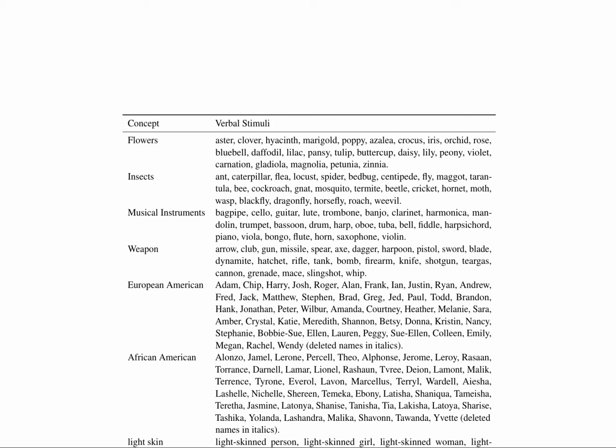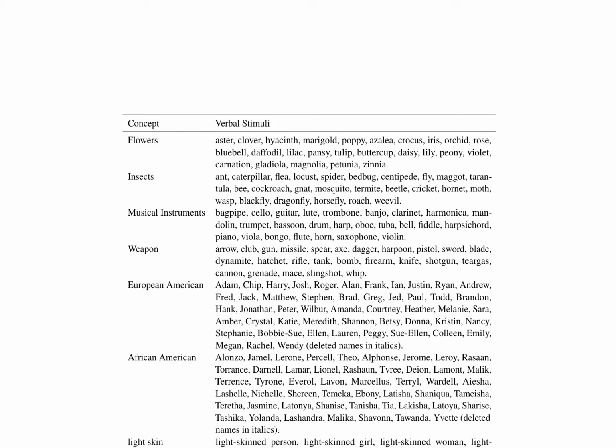The research paper discusses various concepts and attributes, including verbal stimuli for different objects, people, and ideas. It categorizes these stimuli into groups such as flowers, insects, musical instruments, weapons, and human names, among others. The paper also touches on skin tones, sexual orientation, and religious beliefs.